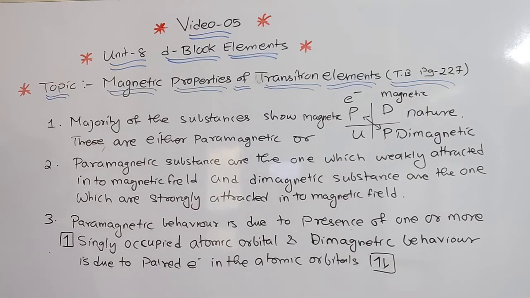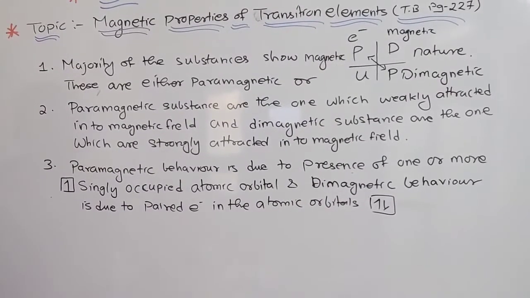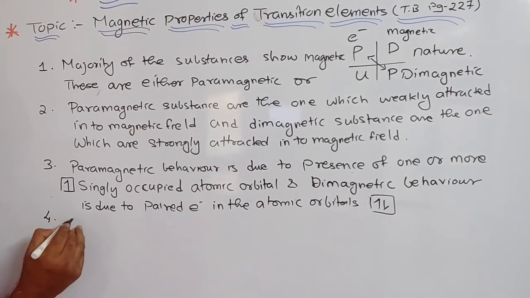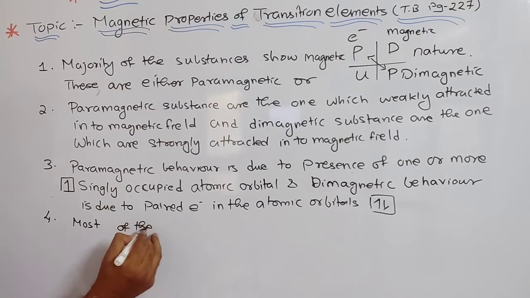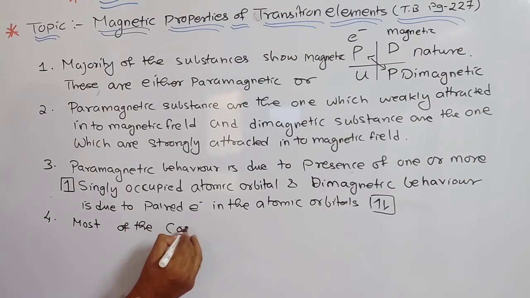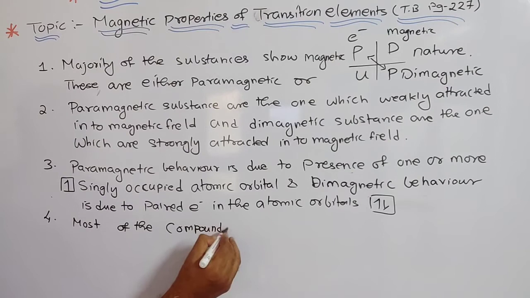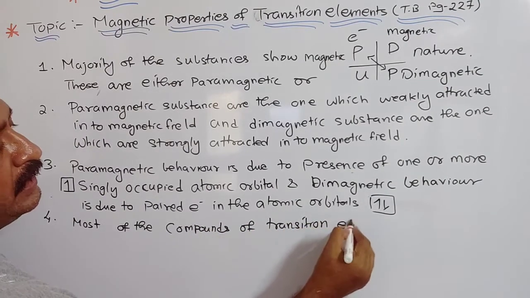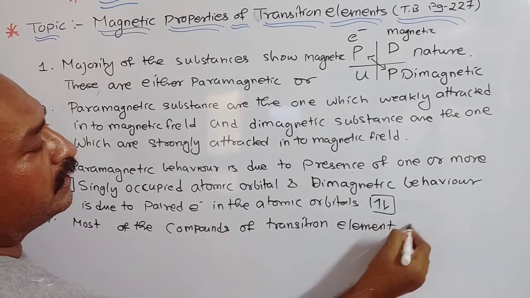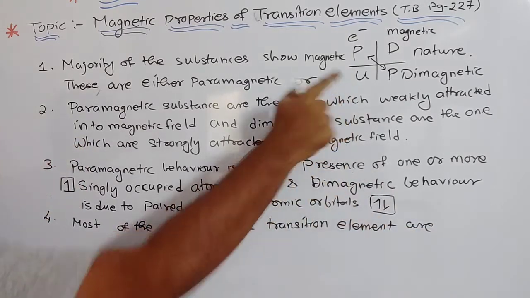Now, most of the compounds of transition elements are mostly unpaired in the d orbitals.